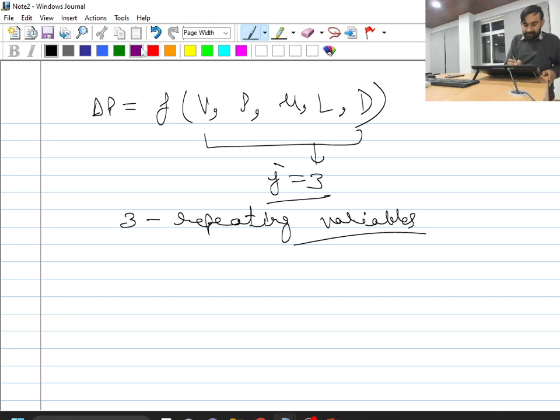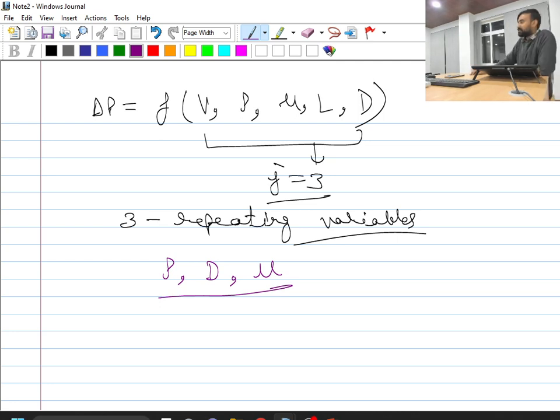Let's consider the 3 repeating variables are density, diameter of the pipe and viscosity. If I consider these 3 as repeating variables, these are not forming any dimensionless group, so I can consider these 3 as the repeating or scaling variables.